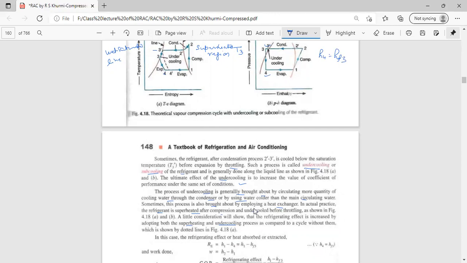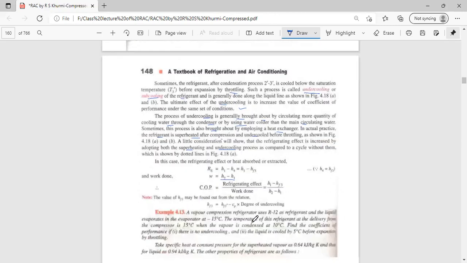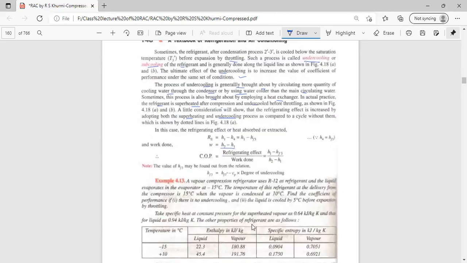In this case, the heat absorbed or extracted is H1 minus H4, H1 minus HF3 itself, and the work done is H2 minus H1, that is the work done in the compressor, process 1 to 2. Thus, COP remains the same equation, H1 minus H4 over H2 minus H1, where the value of HF3 may be found from the relation HF3 dash minus Cp times the degree of undercooling itself.